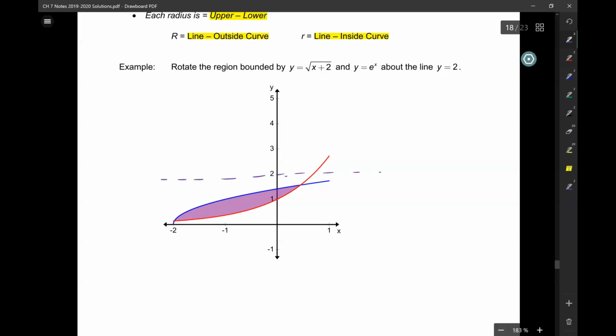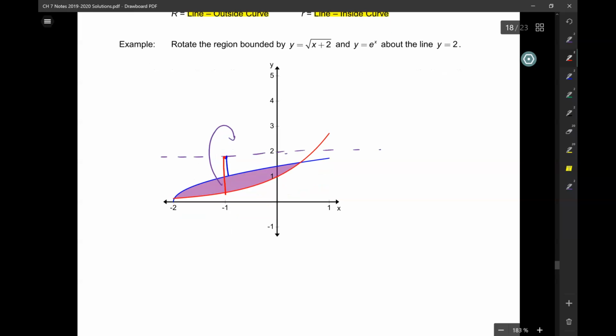Okay. Now, if I'm rotating around this, think of the radius as being from the line to the graph, that's one radius, and then the line to the other graph, that's the other radius.